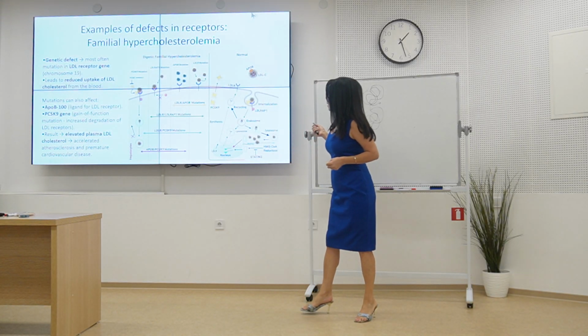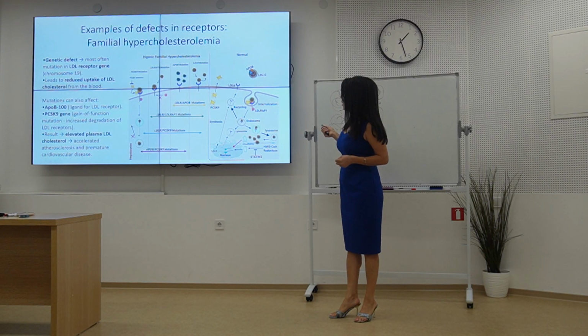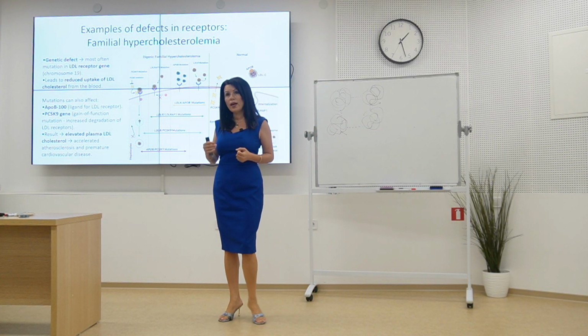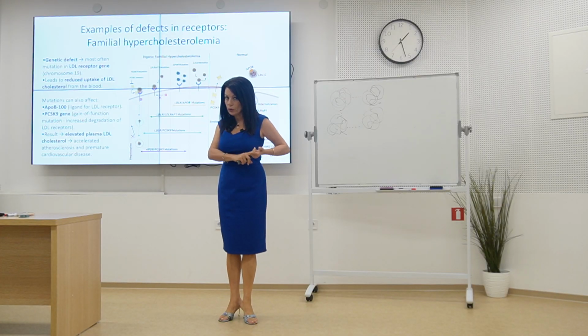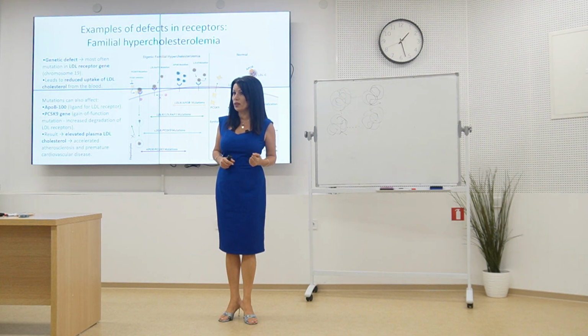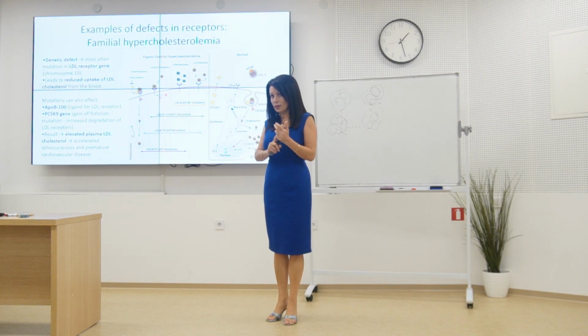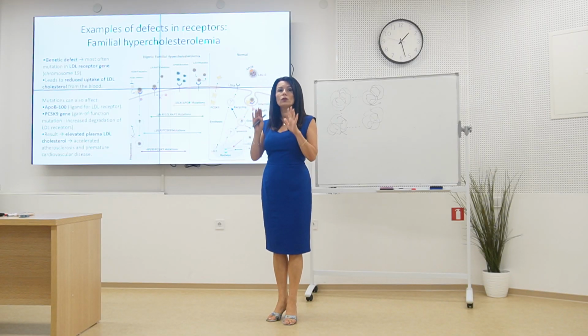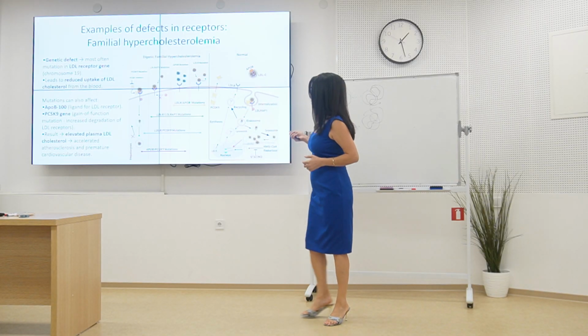And the protein part of this LDL is called ApoB. The full name is ApoB100. This is the protein part of lipoprotein, which plays a role of transporter, number one, and the ligand for the receptor of LDL. If there is intact receptor, recognition with the ligand, which is ApoB100, is possible.